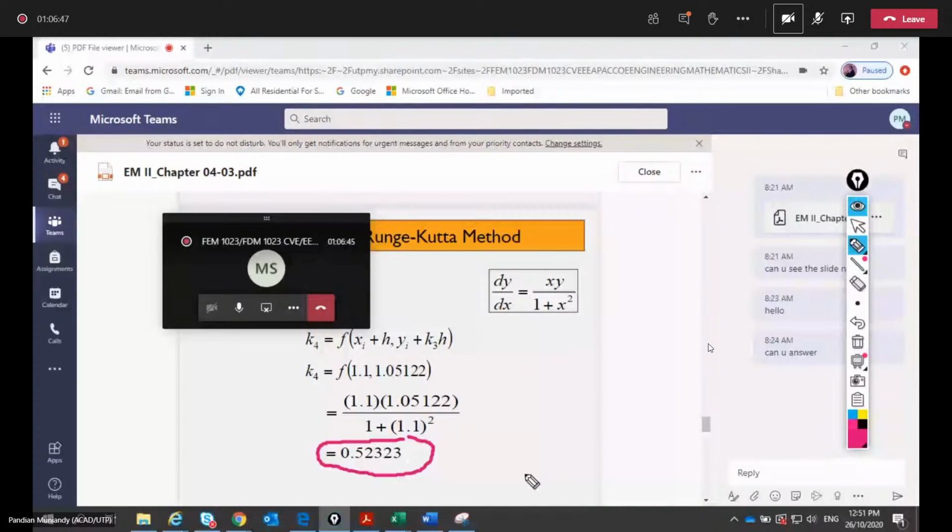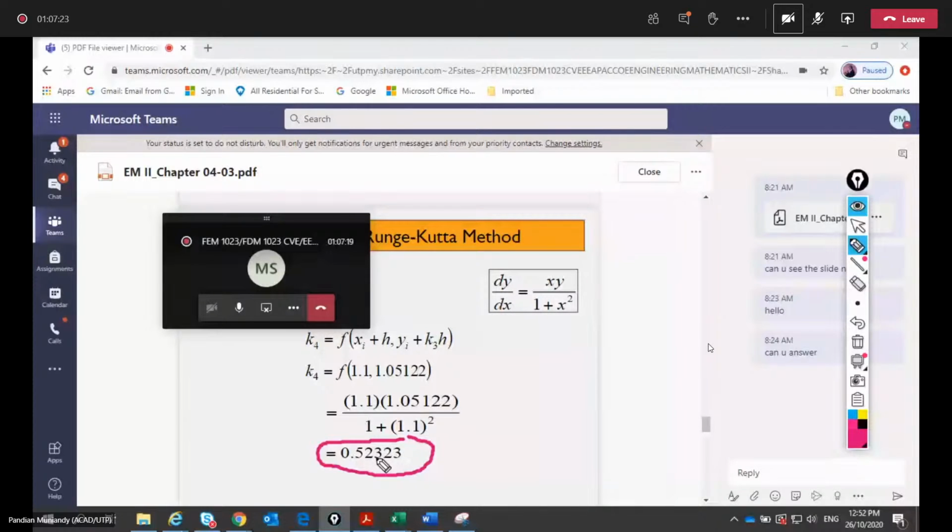Anybody can verify this? Can you verify K4? 0.52323, 5 decimal places. This is your K4. Yes, the same. Oh, thank you.